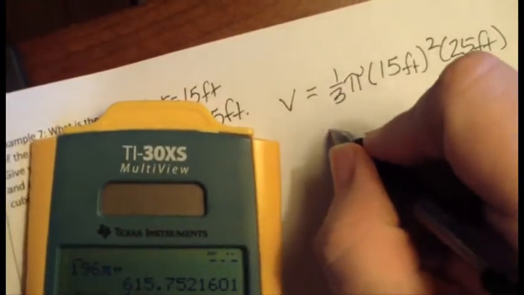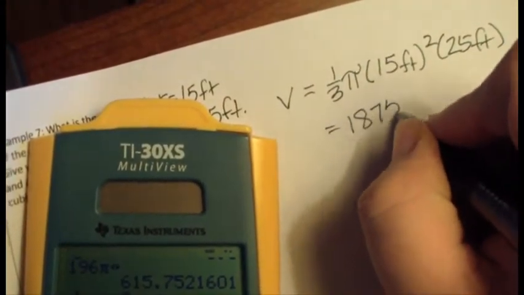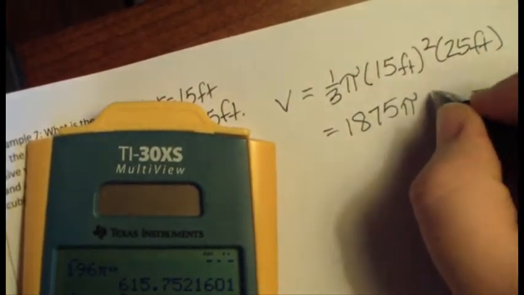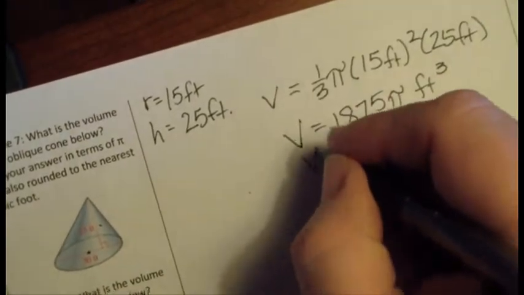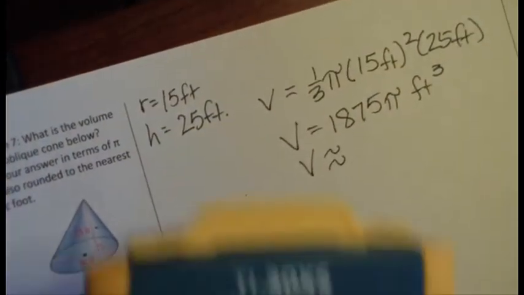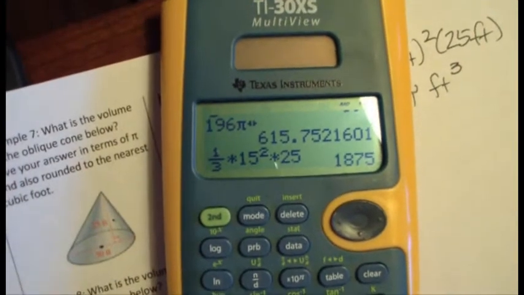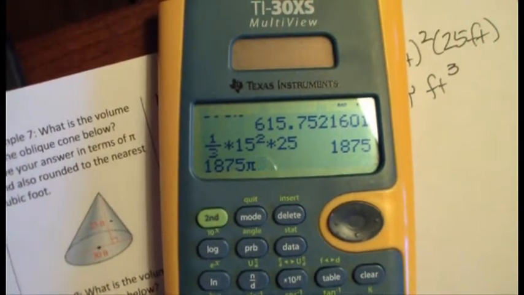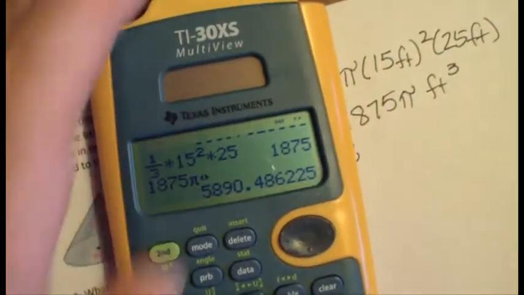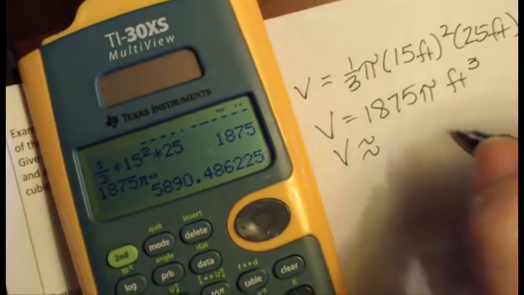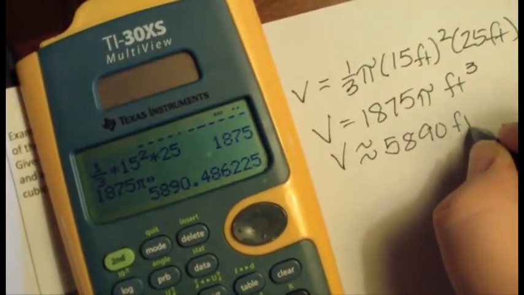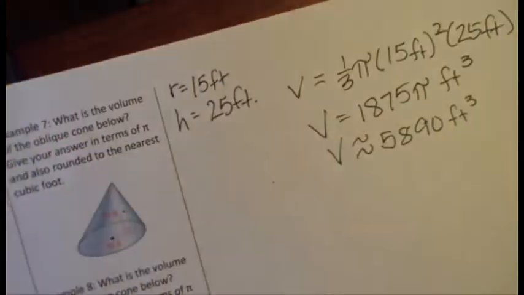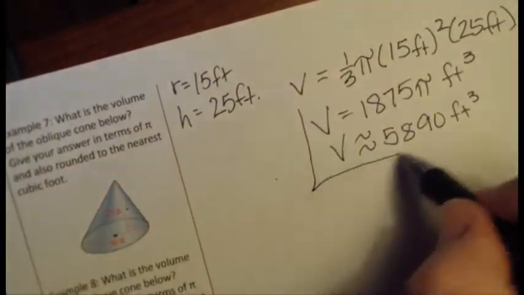All right, so 1,875 pi is our exact solution, which it asks for. And then it also wants an approximation rounded to the nearest cubic foot. So 1875 pi is approximately 5,890.848. So we're going to have to round it down. So 5,890 feet cubed would be the nearest cubic foot.